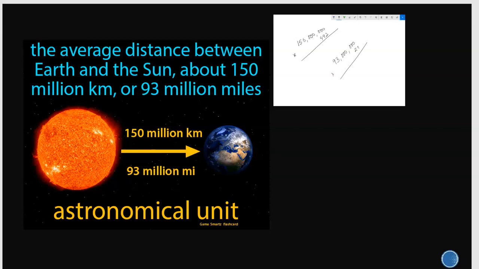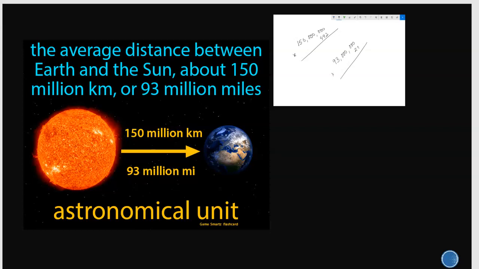So what scientists decided is they were going to create a new unit of measure. And in this case, it was going to be the astronomical unit. 1 astronomical unit equals the same average distance between the Earth and the Sun. So instead of using 150 million kilometers, it enabled scientists to use 1.